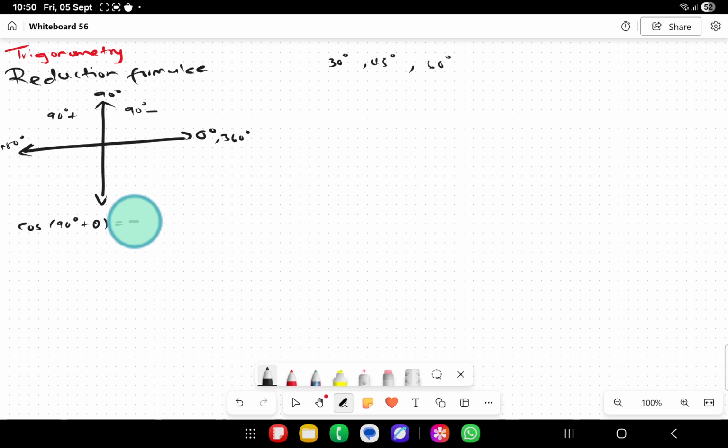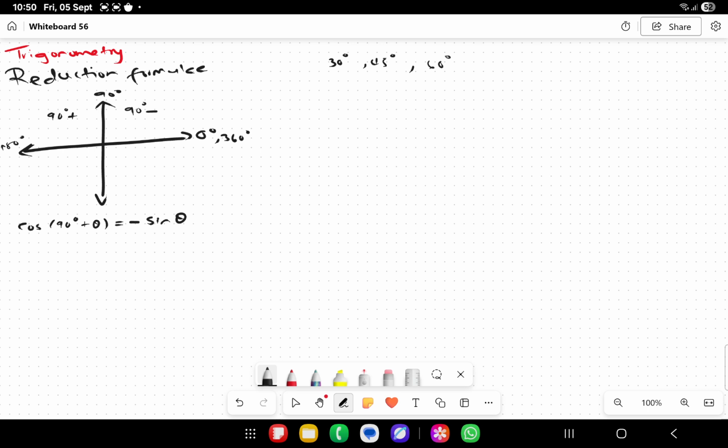But with 90, cos changes to sine and sine changes to cos. So you are going to have negative, not cos, you're going to have negative sine theta. I repeat, with 90 degrees, cos changes to sine and sine changes to cos. And we don't work with tan at all.